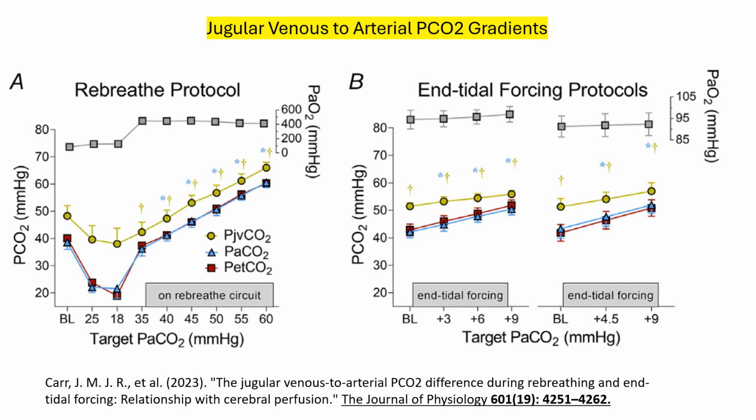As you can see, they showed that the jugular venous PCO2 was almost 10 millimeters higher than the arterial PCO2 during both rebreathing and end tidal forcing experiments. Note that this difference stayed constant during rebreathing but decreased as CO2 increased during end tidal forcing. And this observation is relevant to the measurement of the respiratory chemoreflexes, as we shall see later.